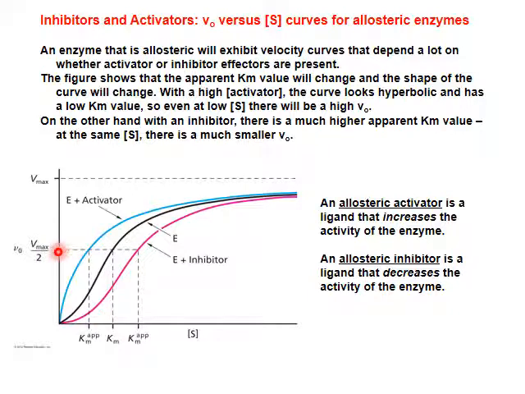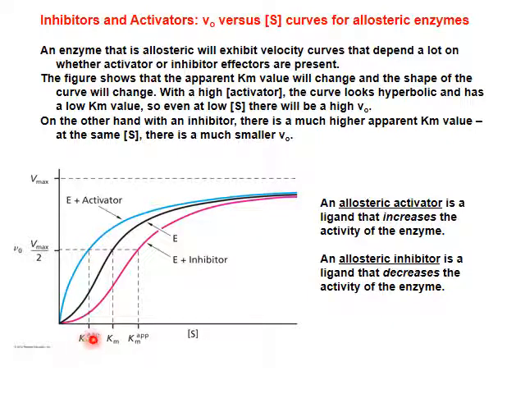So if we look at the half maximal velocity and extrapolate across these curves, here's the Km that is the substrate concentration for 1/2 Vmax for the enzyme without any allosteric effector. If we add an activator, making it a faster enzyme, it is a more efficient enzyme, I should say, the substrate concentration requirements will be less, and the Km is lower.